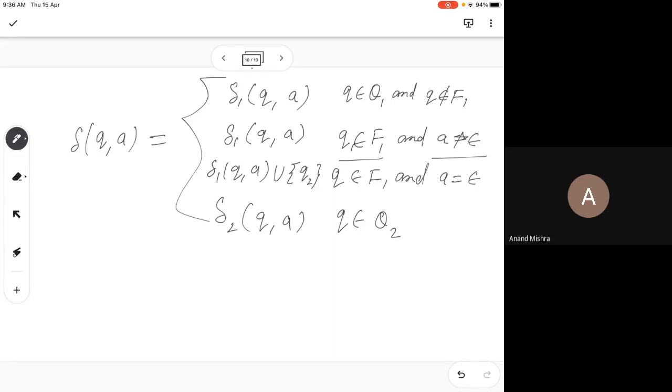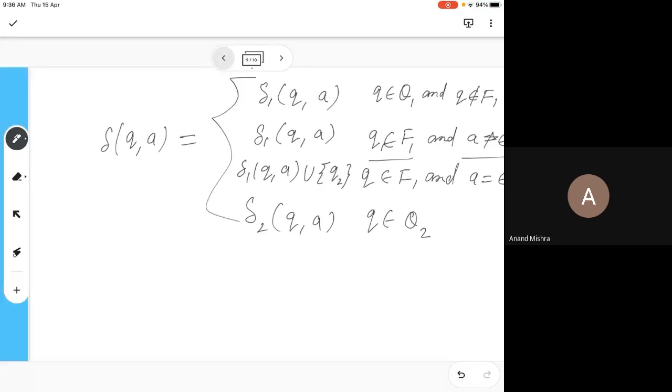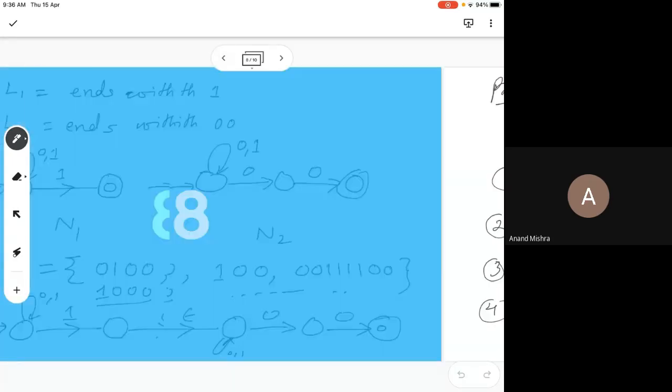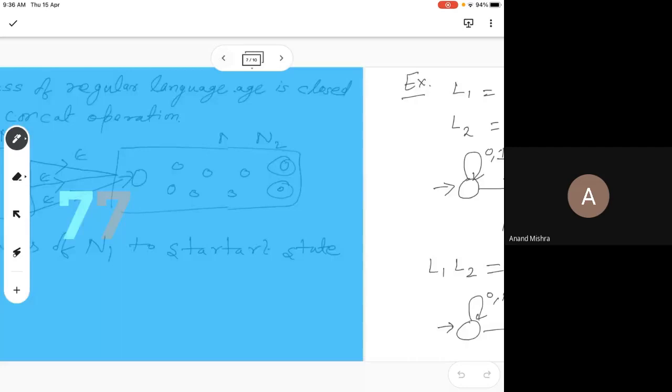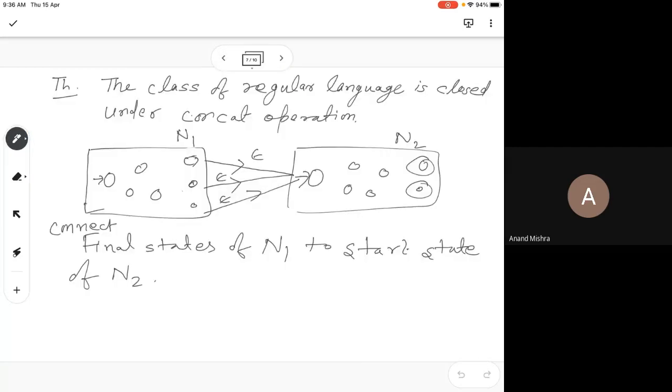Why is it so? Because if you remember, let's look at the figure. It's possible that all of these can also have transitions of this type. Who is saying that it ends there? It's not just going to Q2.